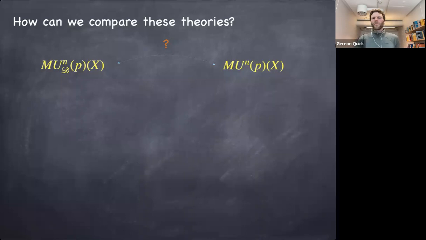Okay, so now before I explain how we compare these theories, let me just mention that if you remember the story for smooth manifolds and differential extensions of homology theories, so think back of the work of Hopkins and Singer, of course, who did this for smooth manifolds and defined general differential extensions for cohomology theories, and then the work of Bunke and Schick, who put up an axiomatic framework for such differential extensions, and then showed that they're actually all unique.